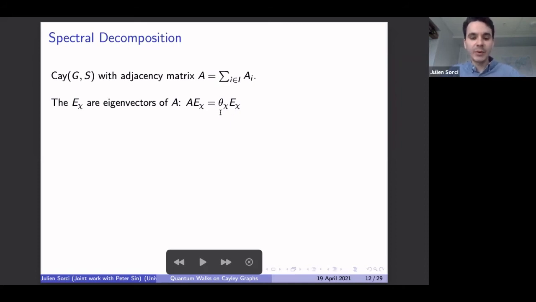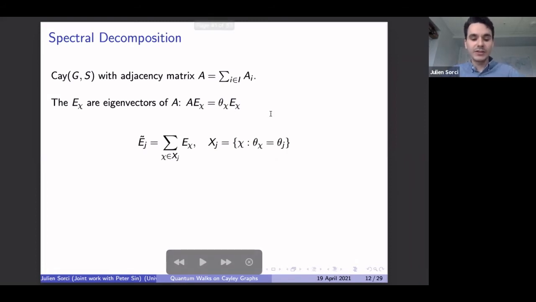And it turns out that the multiple is exactly the eigenvalue afforded by that irreducible character chi. So all the columns of E sub chi, thinking of it as a matrix, are eigenvectors for the adjacency matrix A, and the eigenvalue is theta sub chi.